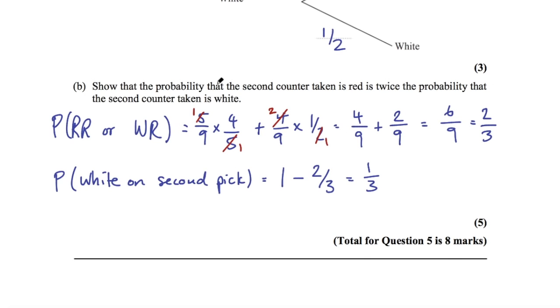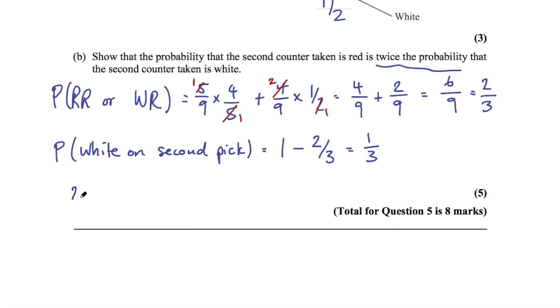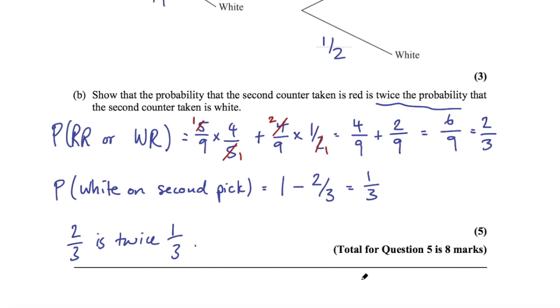And so we can see that, and they've asked us to show that the probability that the second counter taken is red is twice the probability that the second counter taken is white. So 2 out of 3 is twice 1/3. So there you go. We've shown that the probability that the second counter taken is red is twice the probability that the second counter taken is white.